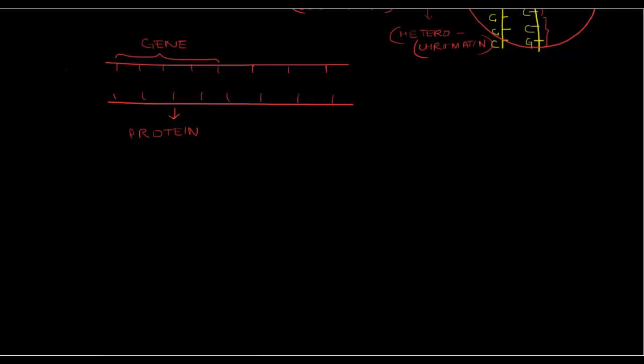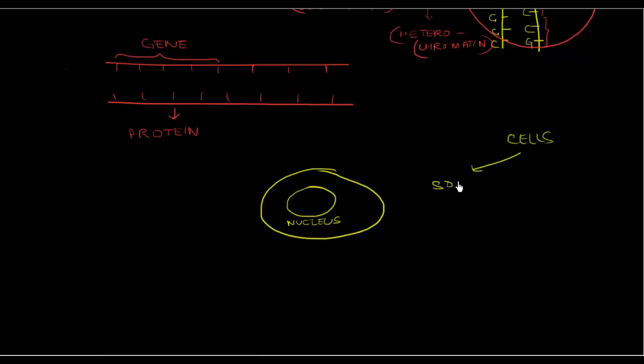I'll go back to my structure of the cell. Maybe I can draw that here once again for you. That's the structure of the cell, and inside we have the nucleus. Human beings have 2 types of cells. Cells could be either somatic or germ cells.